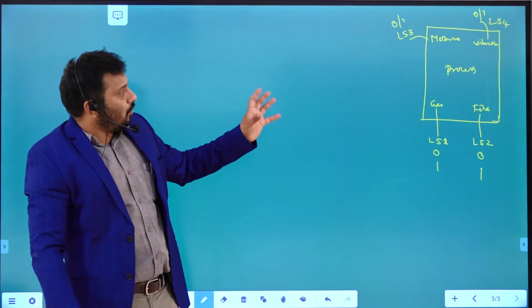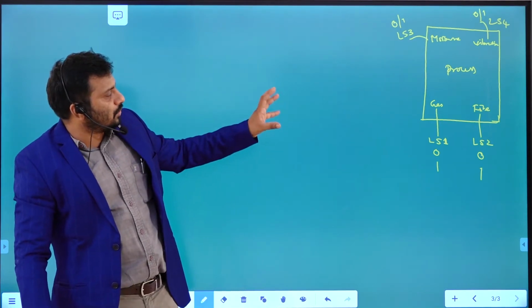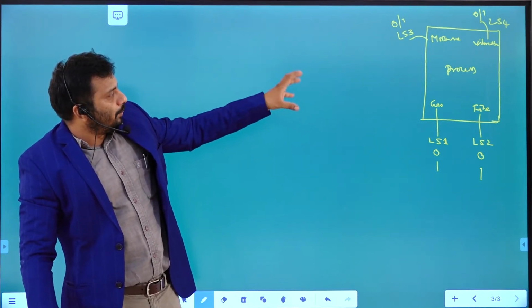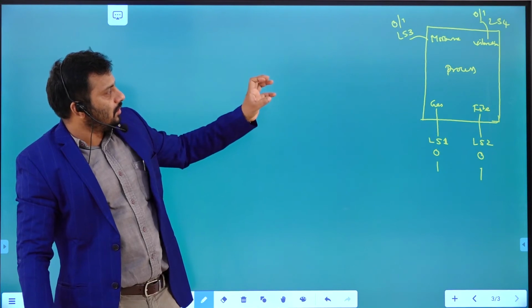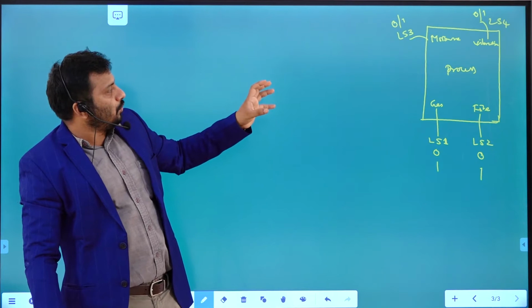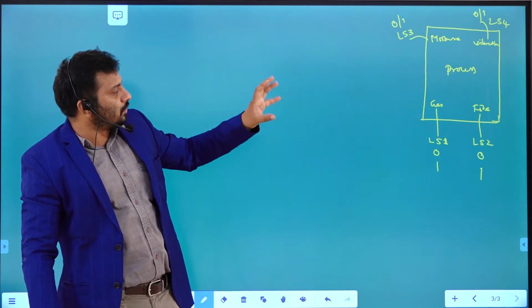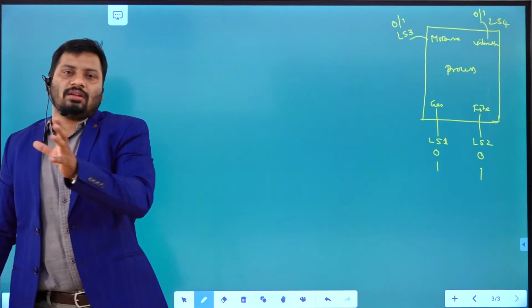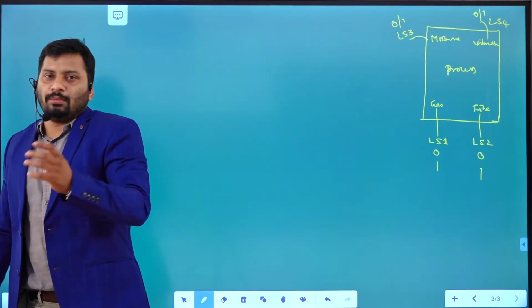So like that, four limit switches are connected to the four parameter value pickups, right? Four limit switches corresponding to gas, fire, moisture and vibration are giving signals to the PLC module.